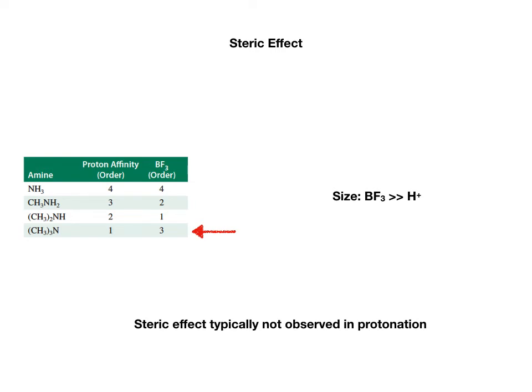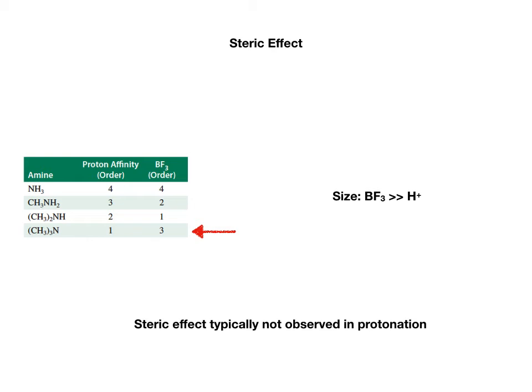On the table on the left, I listed proton affinity and affinity to boron trifluoride for 4 amines. The proton affinity is the gas phase proton affinity we discussed before. Here, the more methyl groups you have, the higher proton affinity you would expect. If you look at the affinity to BF3, you'll find the order is very different. For example, trimethylamine has the highest proton affinity, but its affinity to BF3 is only the third.